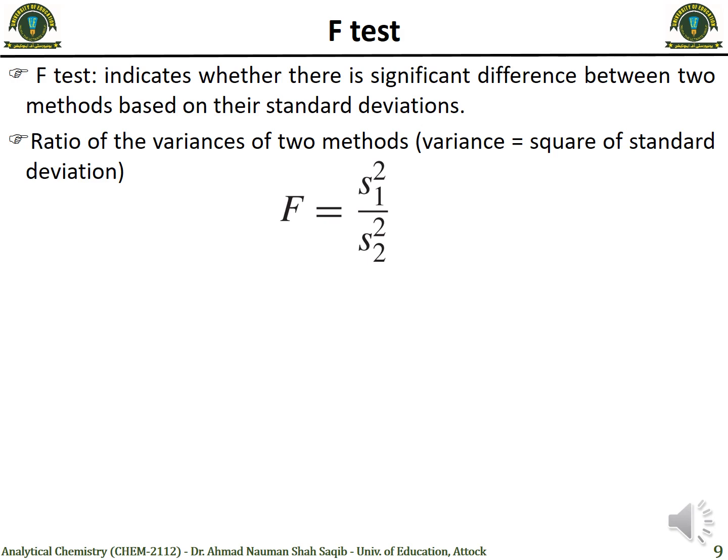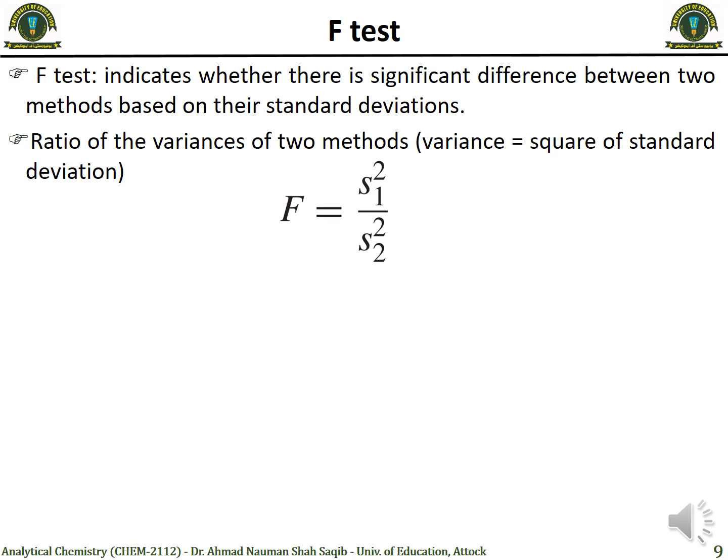In the numerator we always put the larger value, so S1 will always be the larger value, and S2 the smaller value. So we perform an F-test and we get the result.